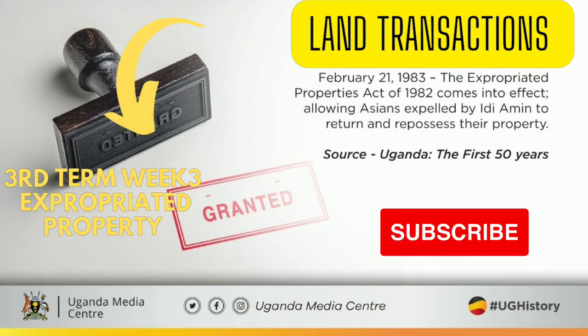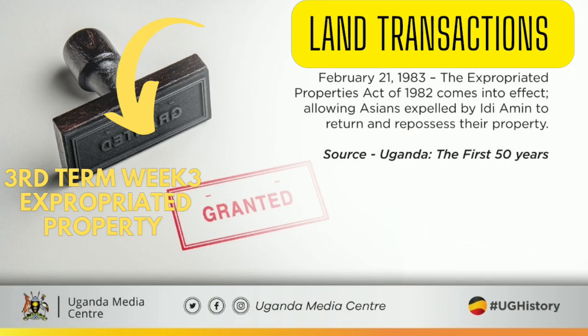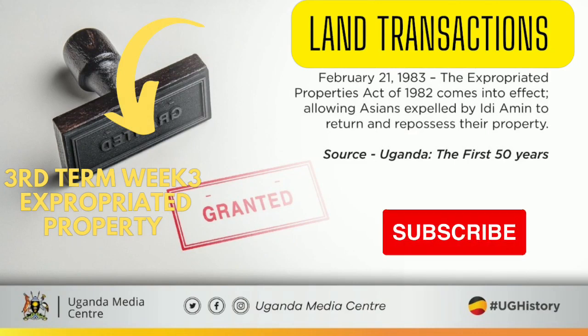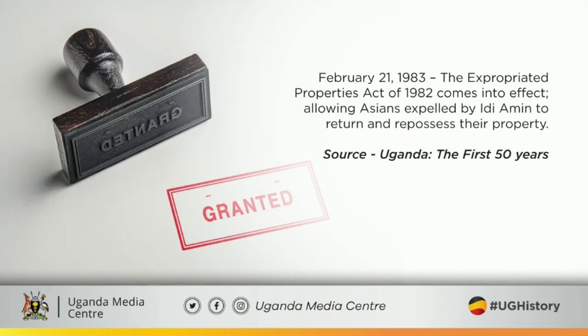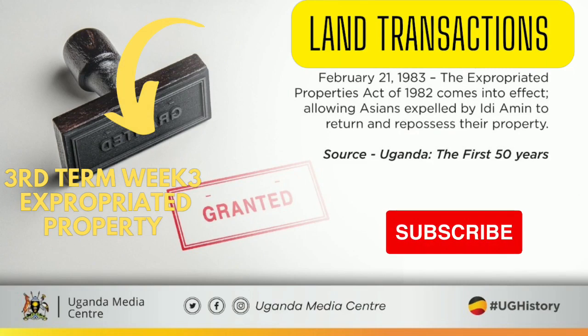The question we need to ask ourselves: if the 2 years that are added automatically by operation of law expire without the minister dealing with the property, does the property cease to be expropriated property or not?